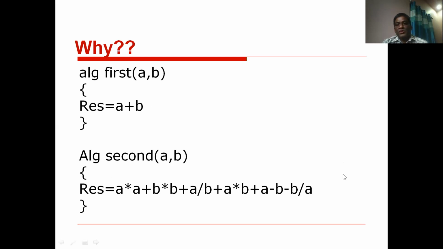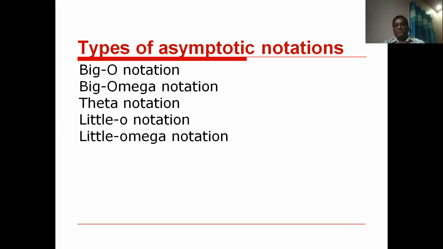Therefore, you should not say this requires 1 unit of time and this requires 1 unit of time. There should be a proper way of representing time complexities, which should be an approximation of existing time. So that is what these asymptotic notations provide.